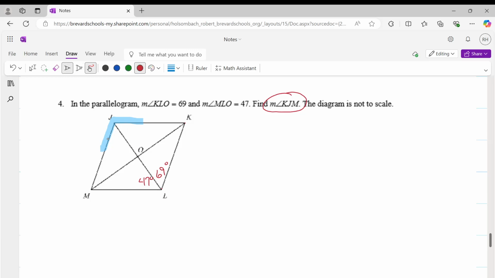Well, this KJM and this entire angle down here in the bottom, those are opposite angles. They just look different because there's a diagonal going through them. But the measure of angle KJM is equal to the 47 plus 69.